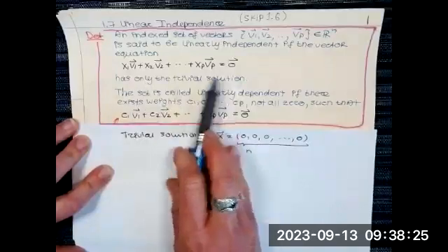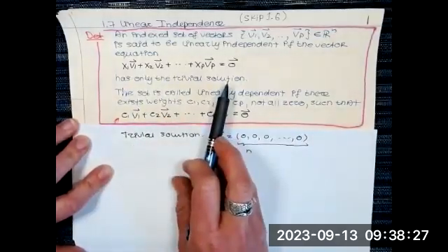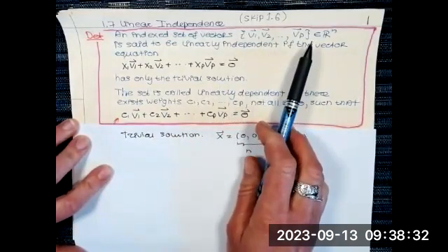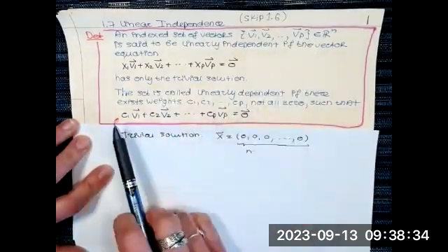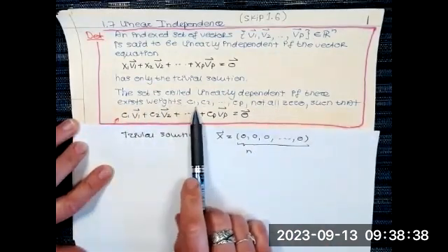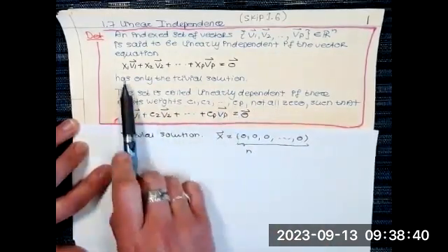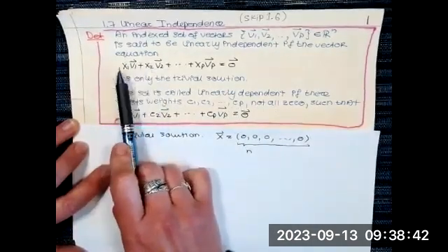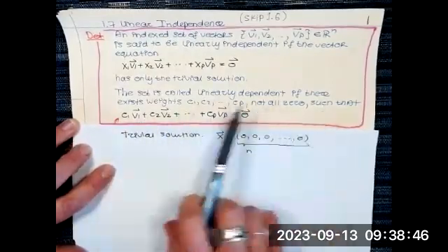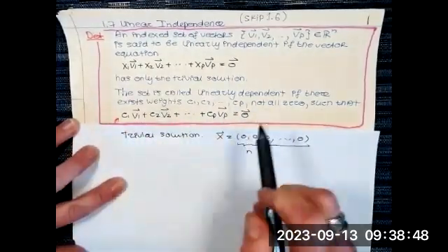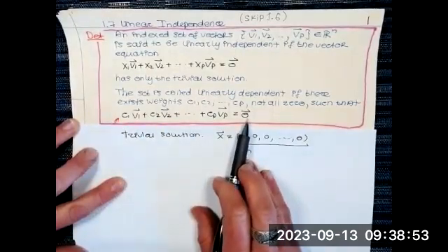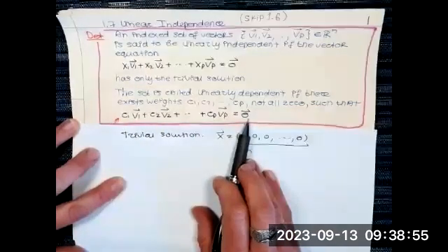So if this vector equation only has the trivial solution, then we say that this set of vectors is linearly independent. And the set is called linearly dependent if there exist weights c1, c2, all the way to cp, so there exist values for x1, x2, all the way to xp, not all 0, such that this equation equals the zero vector.